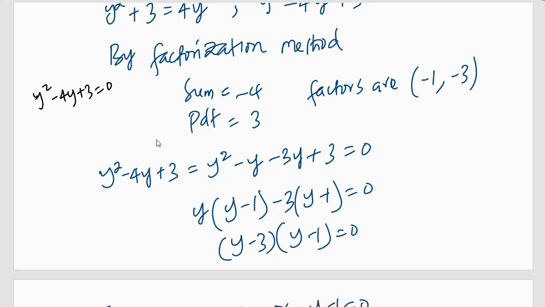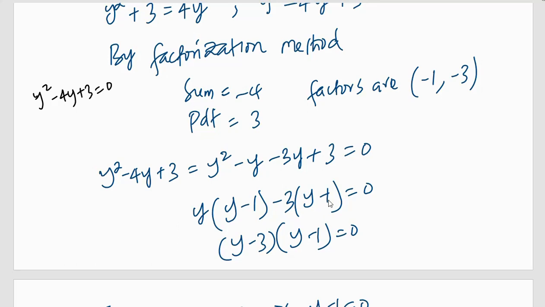So in terms of its factors, it will be y squared minus y minus 3y plus 3 is equal to 0. If I factorize y out as common, it will be y into y minus 1, minus. Also, let me factorize negative 3 out, so that I have y minus 1.